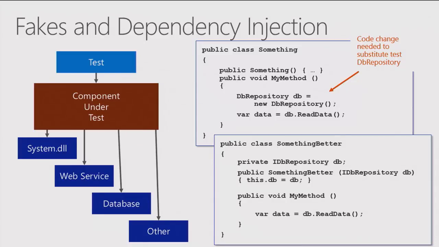So instead, I refactor it so that I never talk to the DB repository class. I talk to an interface called IDB repository, and then I pass that in on the constructor. When my constructor runs, it saves away the database repository, and then I call it using the interface. That allows me in my test to just create the same class but pass in a different instance that implements the same method.